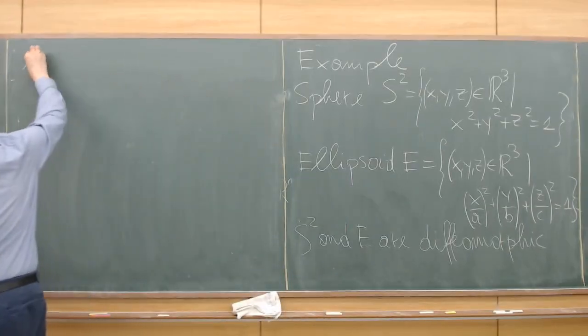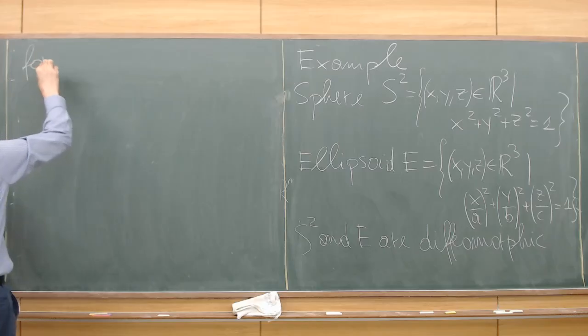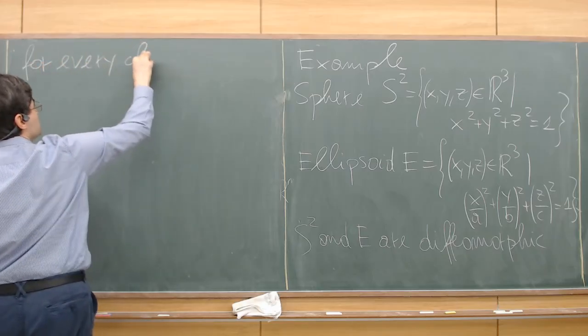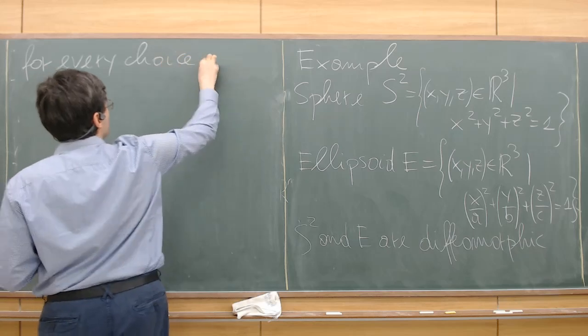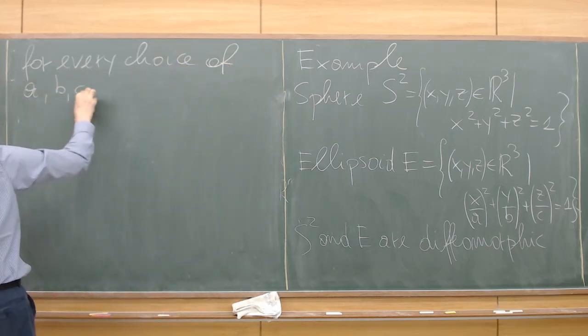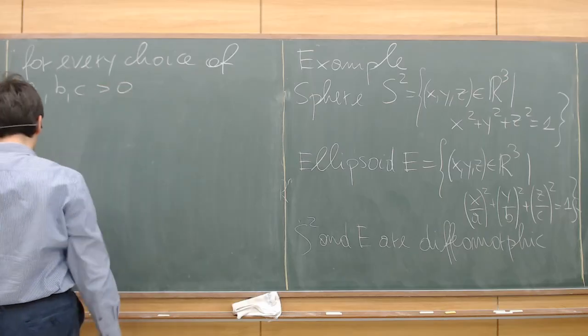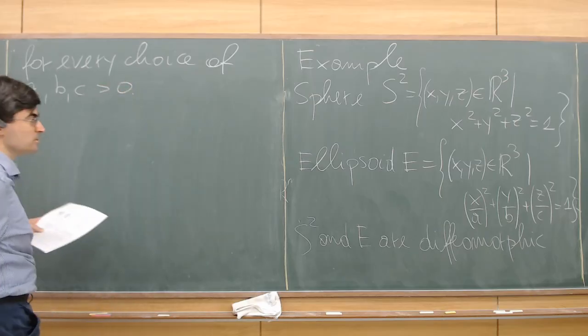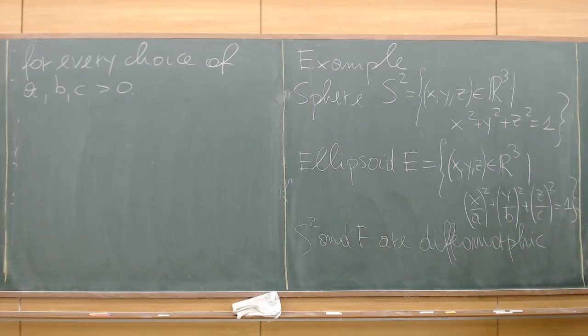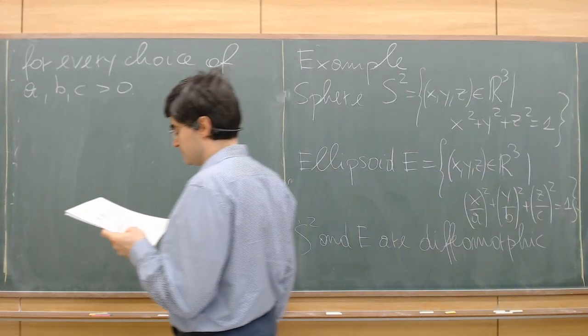For every choice of A, B, C positive. What is the diffeomorphism here?